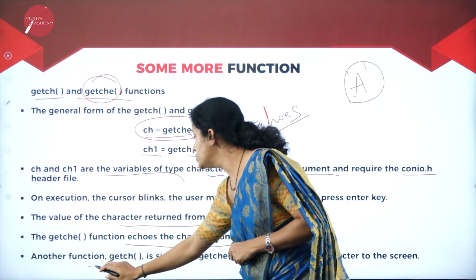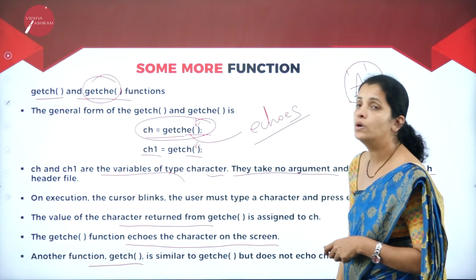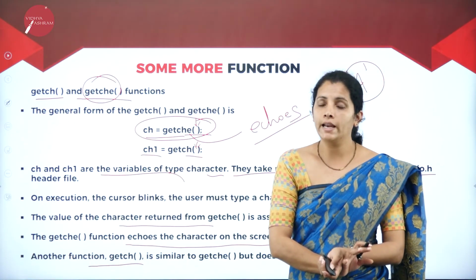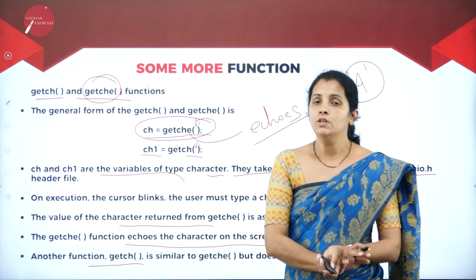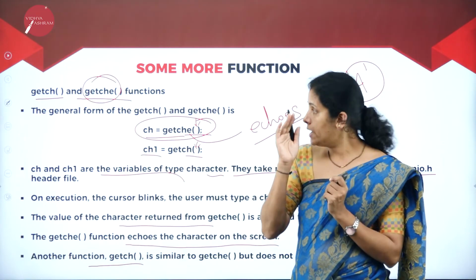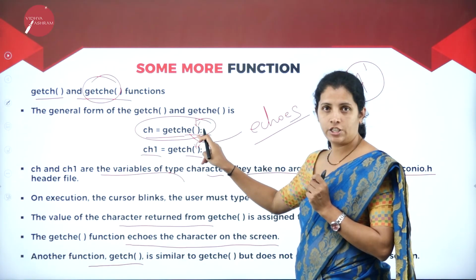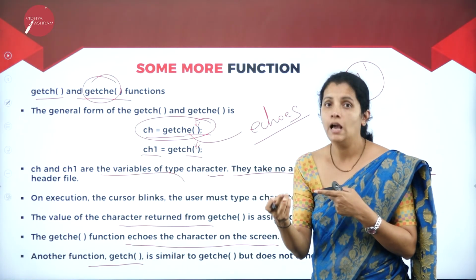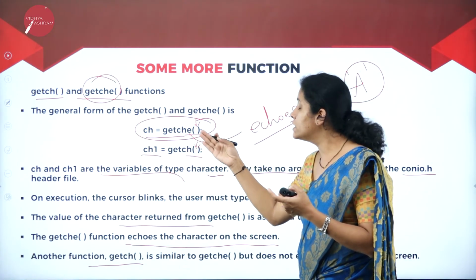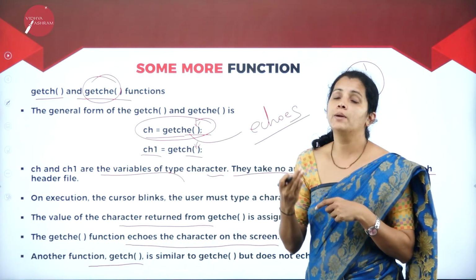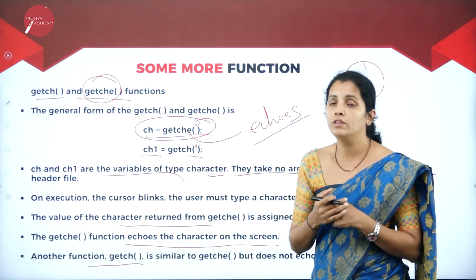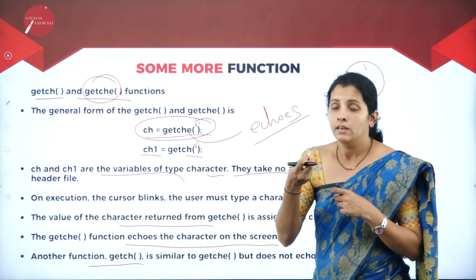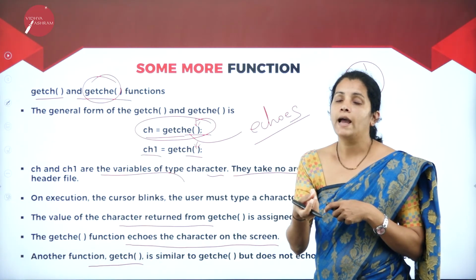And another function, getch, is similar to getche, but it does not display the character on the screen. So what is the difference here? If I use getche, then I can display the character on the screen. And if I use getch, then I cannot display the character on the screen, but I can read the character from the standard input.